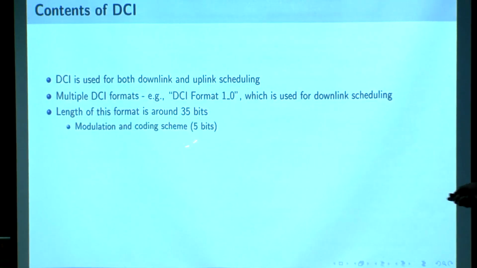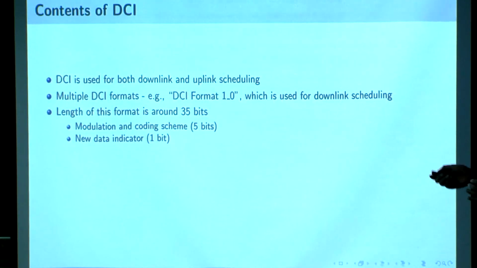So what is contained in this? The first thing is the modulation and coding scheme. How many bits do you require to represent it? How many different indices were there? 28 to 30, so you need 5 bits to represent one of these MCS indices. Then the new data indicator, which again relates to hybrid ARQ.